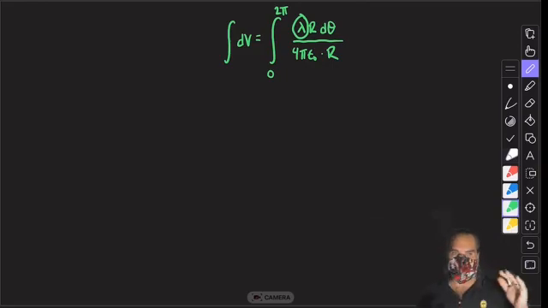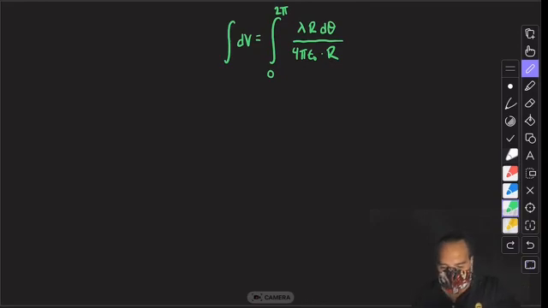Now, those things don't have to be true. You could have a situation where the charged ring is non-uniform, and so some places have more charge than others. Lambda wouldn't be constant. It could have a non-linear or non-uniform charge distribution. But we'd have to give you what that charge distribution was, a function or something.